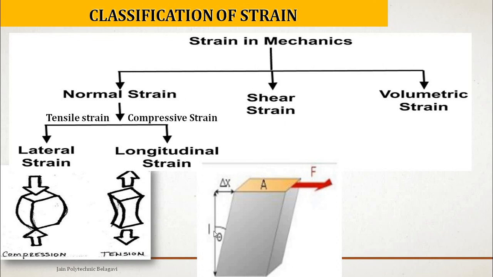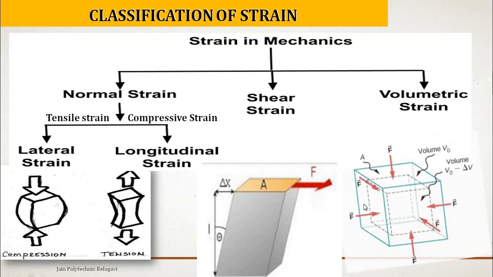Firstly it was 90 degrees, the box was standing vertical. After applying the tangential force, the resistance is at the base in the left direction. So those are developing a change in the x dimension. Theta is the angle of change, and that angle of change is nothing but shear strain. Change in the dimension.